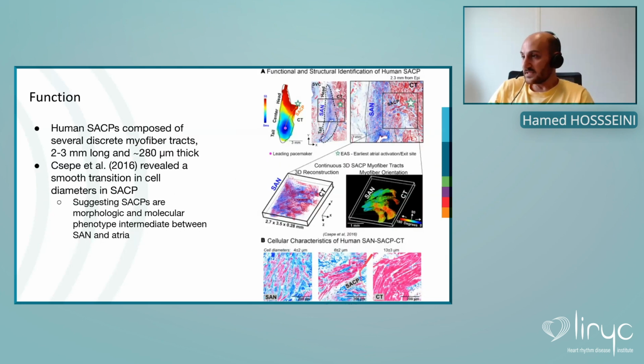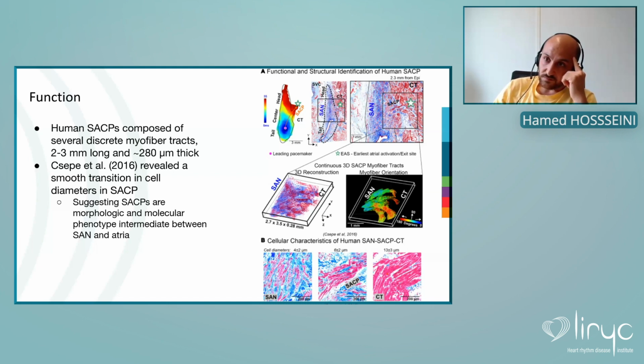As you can see in this picture, the conduction pathways are several discrete myofibrous tracts, and according to this paper, these conduction pathways work as an intermediate between the SA node and the atria. Even in the size of the myofibers, the SA node is smaller, the conduction pathway has bigger myofibers, and in the atrium and the crista terminalis it is even bigger.